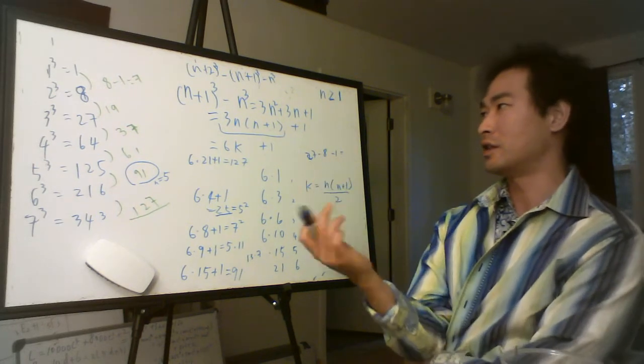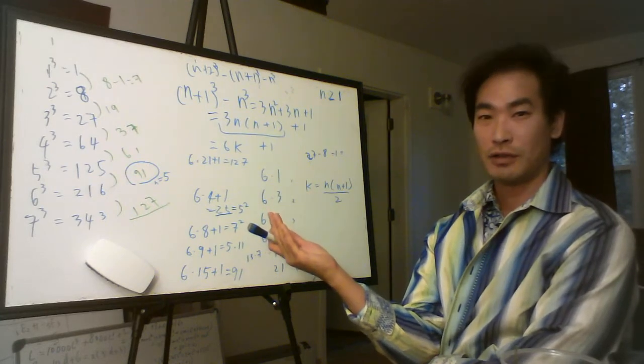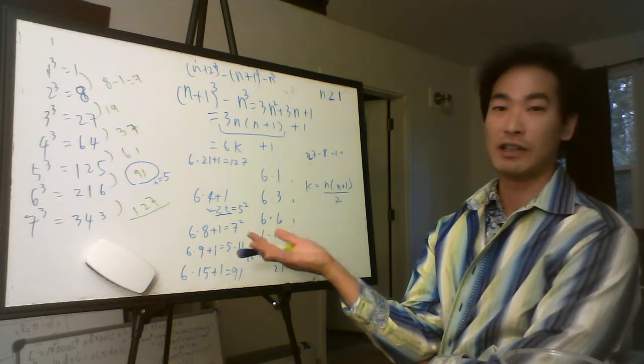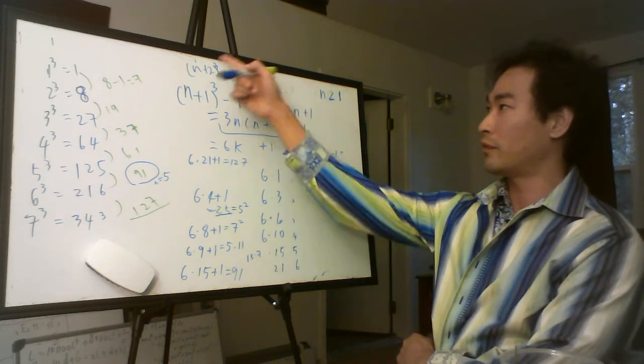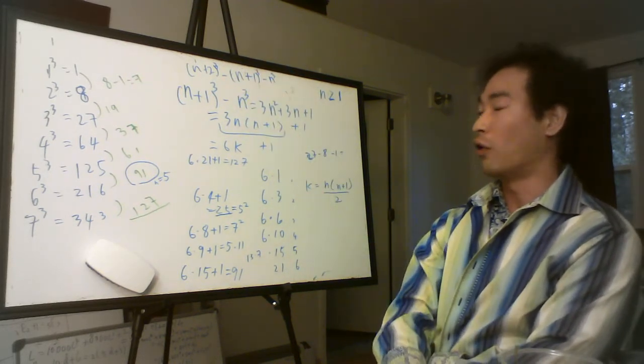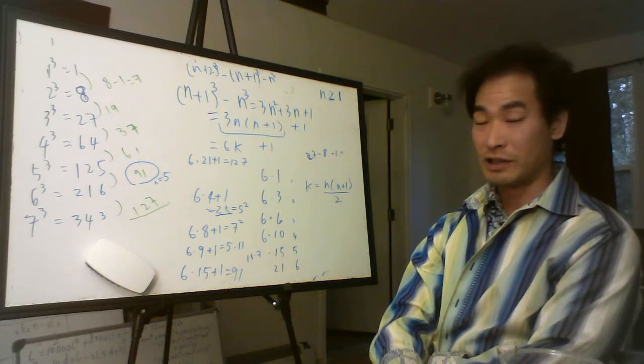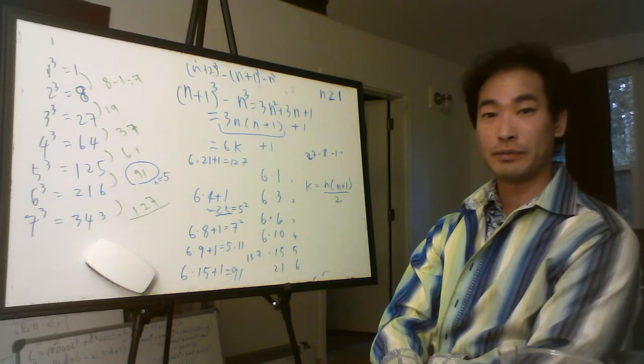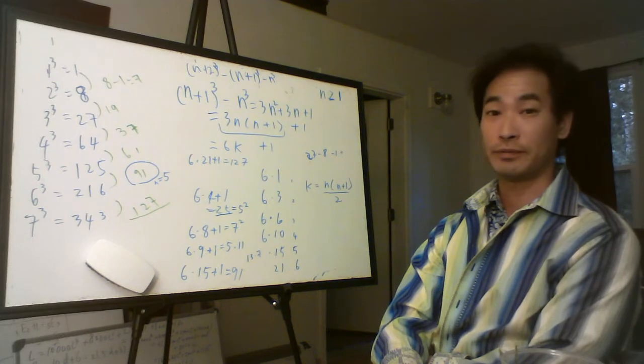The question is this: is it possible to find a formula? Does there exist a fixed algebraic formula that always results in a prime number? Is that even possible? That's the question.